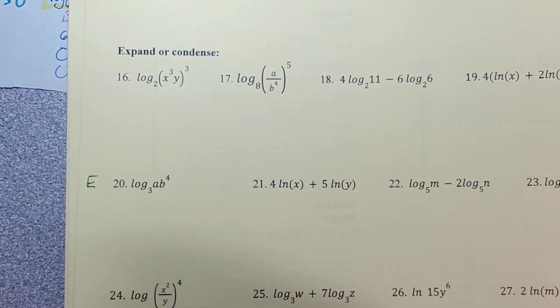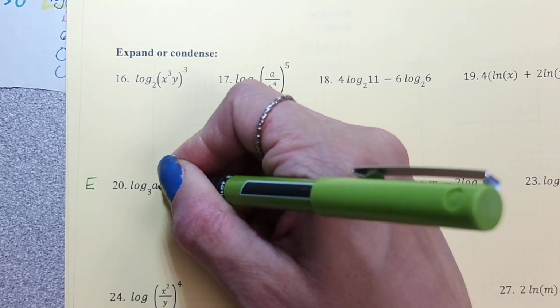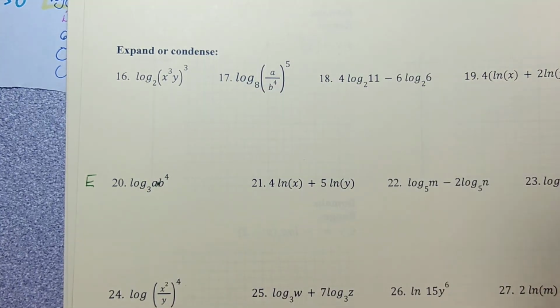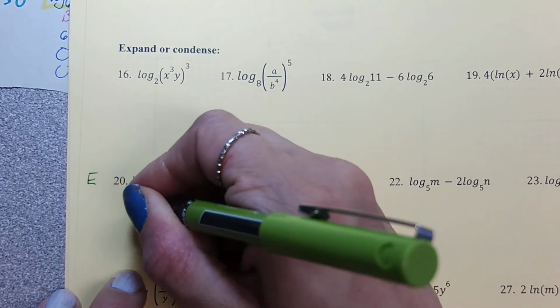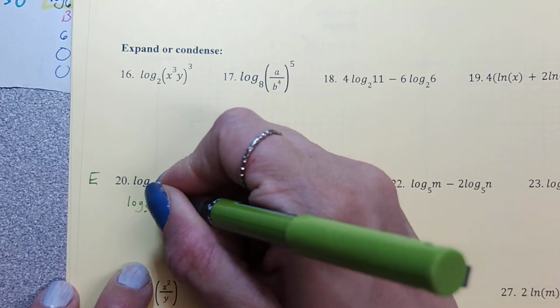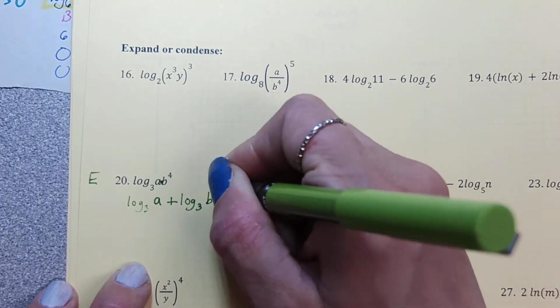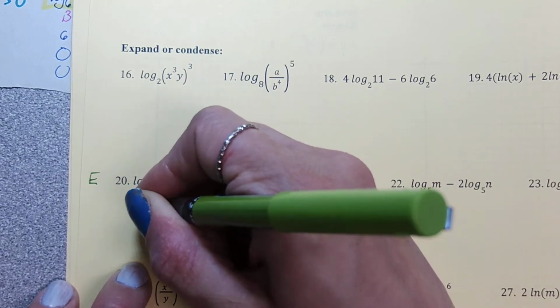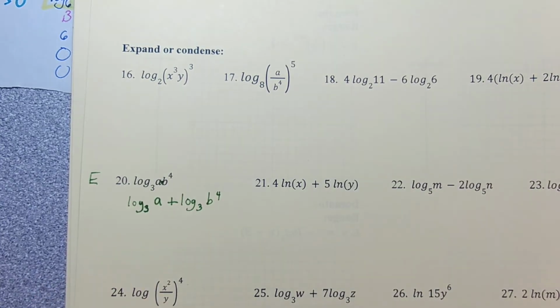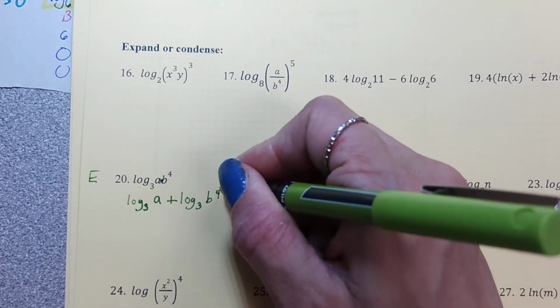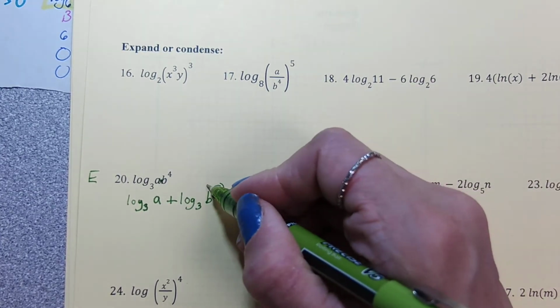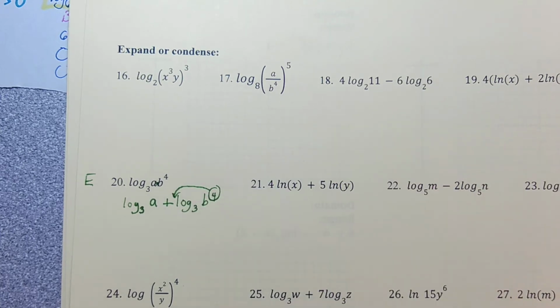So folks, we begin by identifying what is going on operation-wise in the answer part of the log. Since the answer parts are getting multiplied together, we are going to expand it by addition. So log base 3 of A plus log base 3 of B to the 4th. Sometimes students will just start there, which is why I've got my little phrase, expand everything on the land, because we also need to move any exponents to the land or out in front as coefficients.